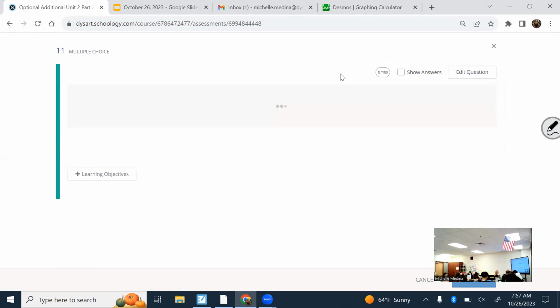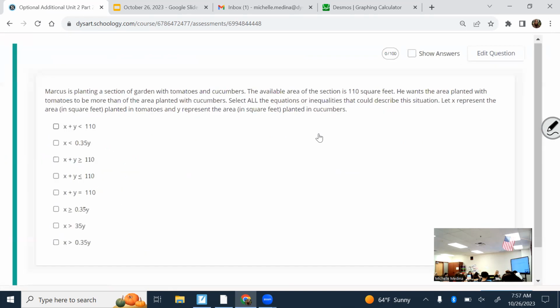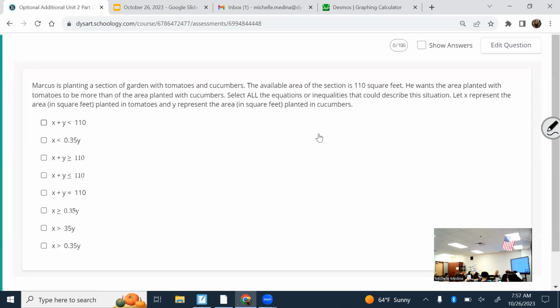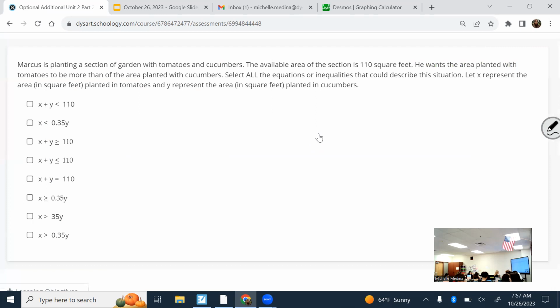All right, so he's planting a section of garden with tomatoes and cucumbers. The available area of the section is 110 square feet. He wants the area planted with tomatoes to be more than of the area planted with cucumbers. Select all the equations or inequalities that could describe that situation.